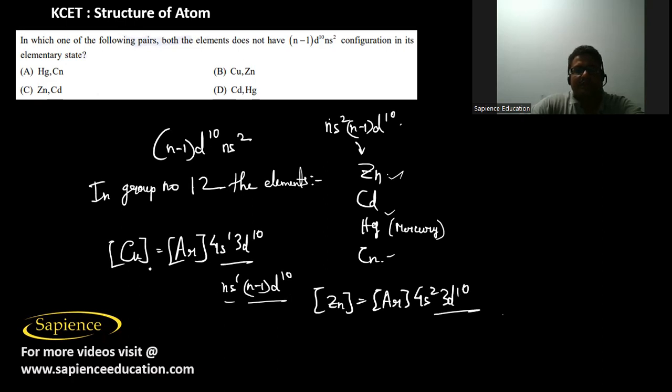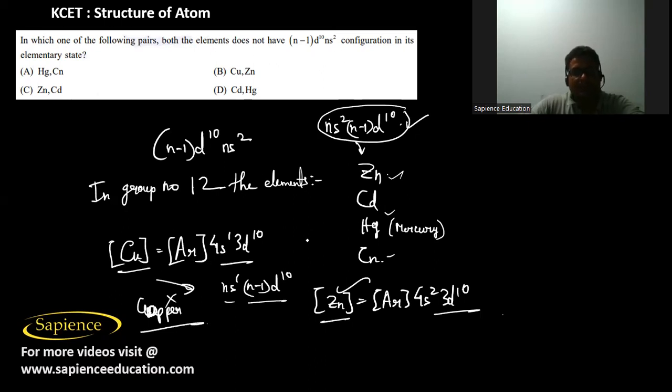It means that only zinc has got this ns2 n minus 1 d10 electronic configuration, but copper does not have n minus 1 d10 ns2 configuration. So option B is the correct answer.